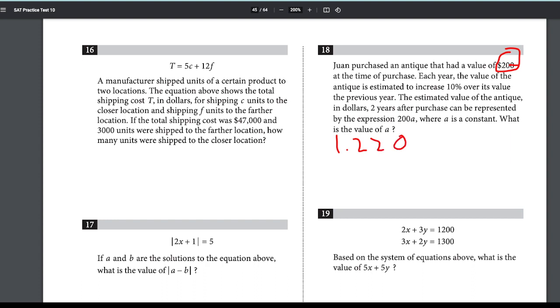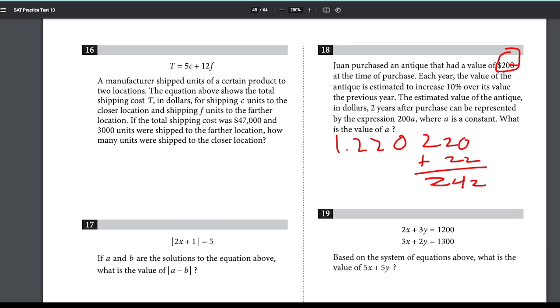What about in the second year? In the second year, 10% is just moving the decimal place forward, right? $22. So it would be 220 plus 22, which is 242.